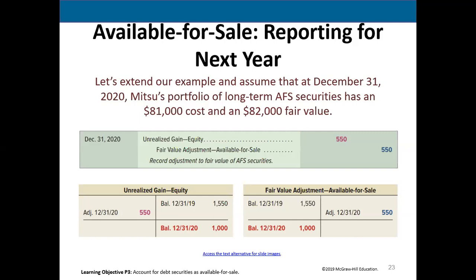So we need to make a journal entry to get it from a $1,550 debit balance down to a $1,000 balance. So you can see the journal entry. We will credit fair value adjustment for the difference of $550, and we debit that unrealized gain equity account where we originally credited it last year. So now the unrealized gain equity account will also have a $1,000 balance.